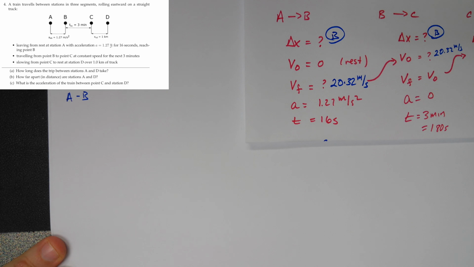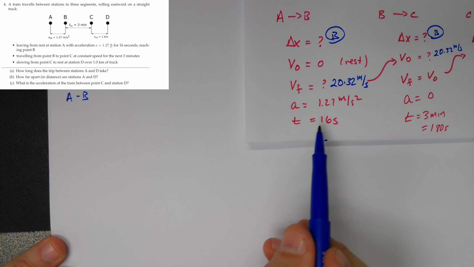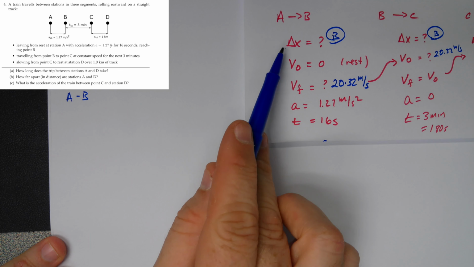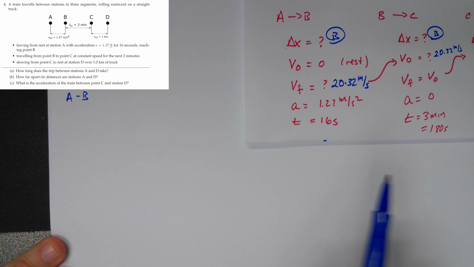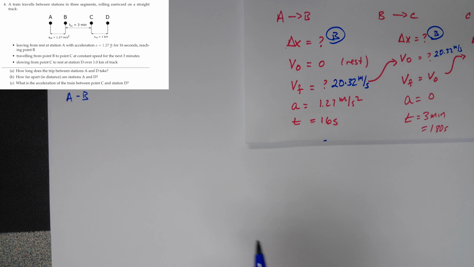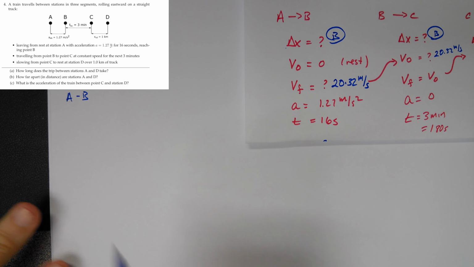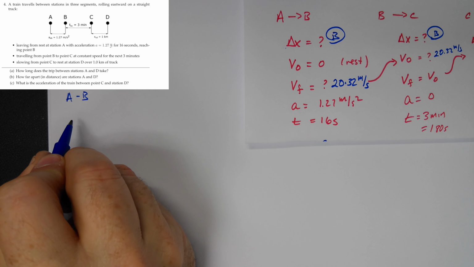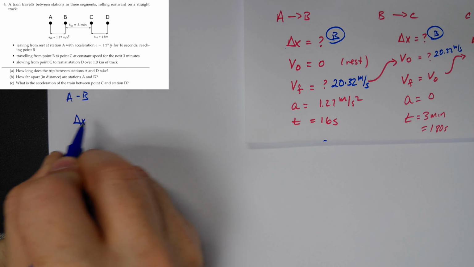We can use the average velocity formula again. There's nothing wrong with that. We can also use the equation of motion, delta x is v initial t plus 1/2 a t squared. We can use anything that has delta x in it because we know 4 of the 5 things. I'm going to do the average velocity first.